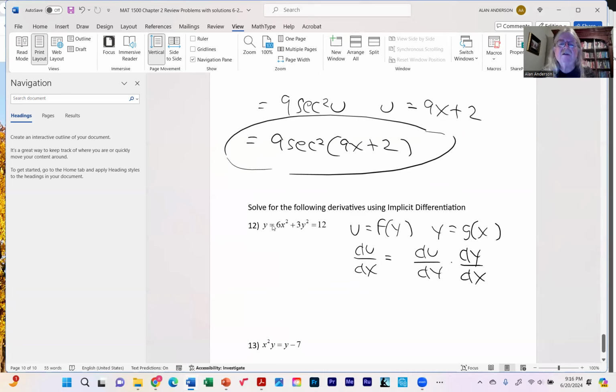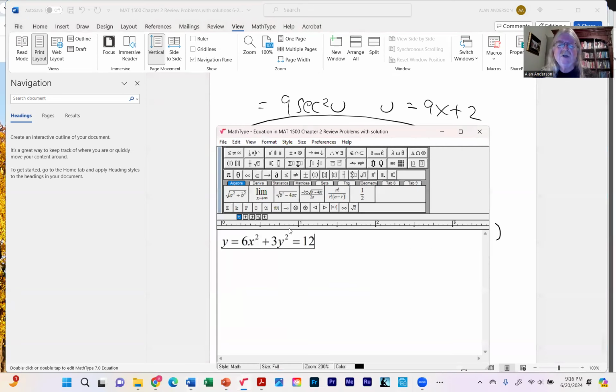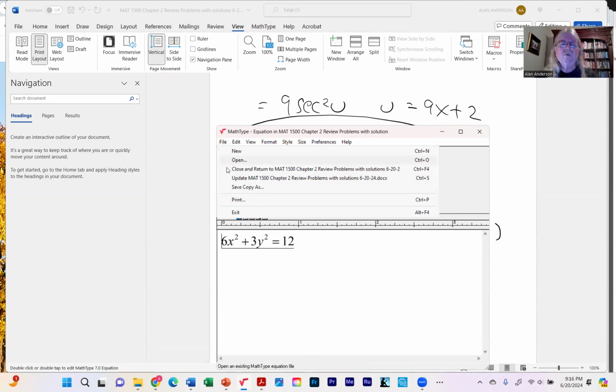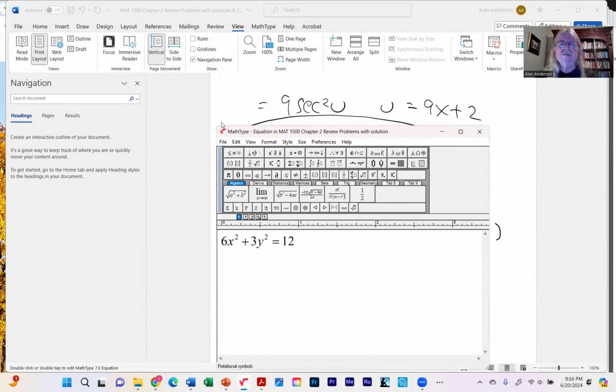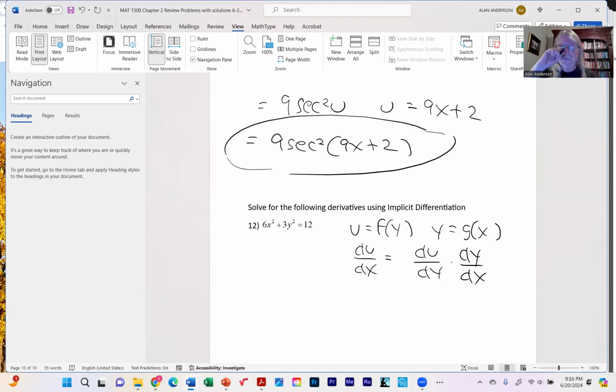There's a typo here. This wasn't supposed to say this. Oh boy. If you looked at this before, you might have been confused. I just realized unfortunately I made a typo there. That y wasn't supposed to be there. So now it's more clear why we must use implicit differentiation. Oh, that's so frustrating. Anyway, so here's what we're going to do.